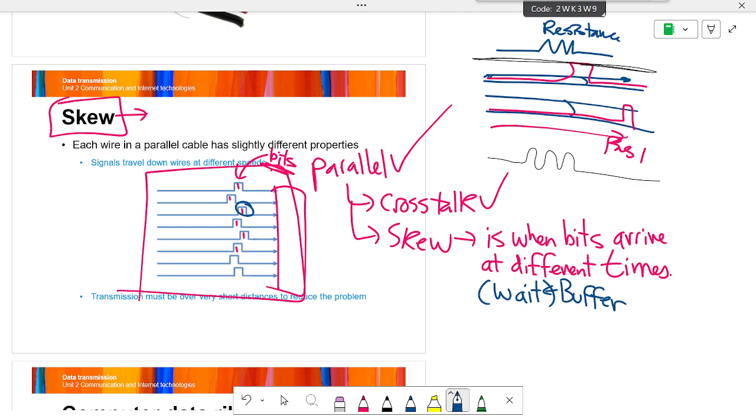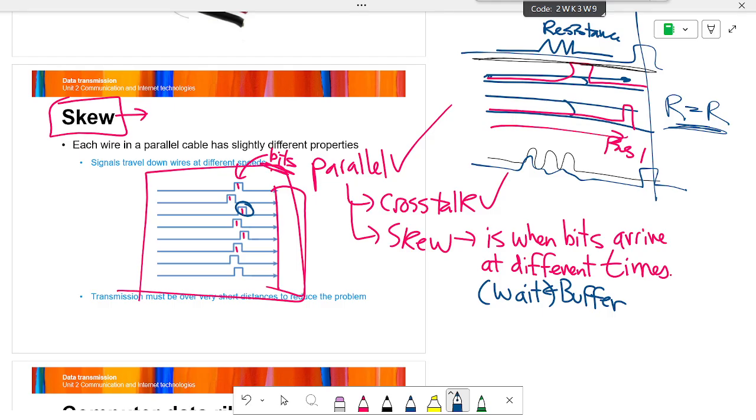Now, when I send the data, he arrives at this time, and I've calculated how long it takes to go through here, and he arrives now because the resistance is the same. So the other way is just to make sure that the wires are the same length and the same properties. And you'll see these little squiggly lines on the circuit board with them doing that.